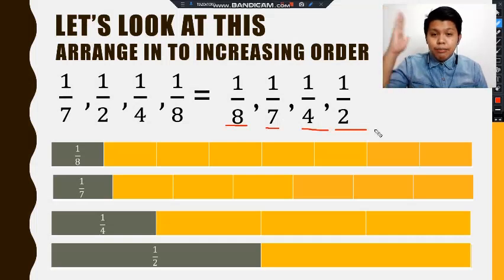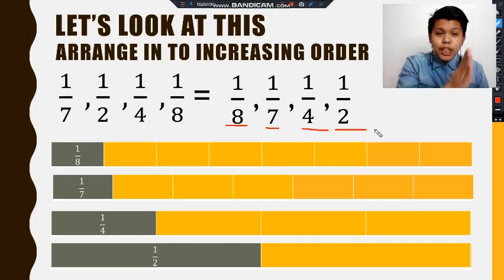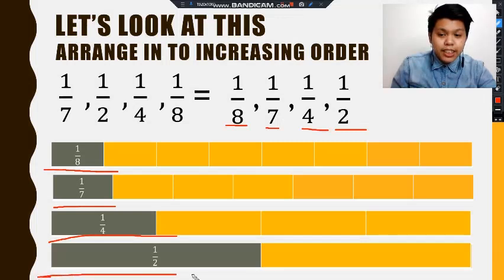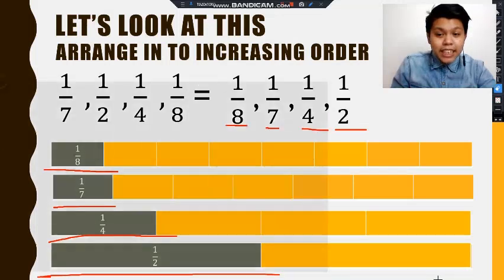Bigger number, bigger value number, going to a smaller value. But because this is a fraction, the parts are getting bigger, increasing order. Clear? Okay, so I hope that is clear.